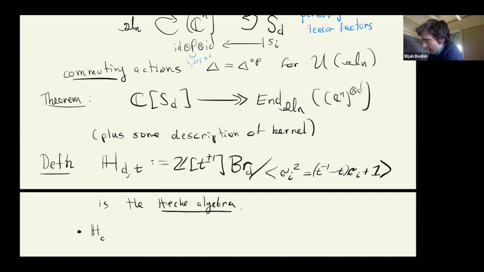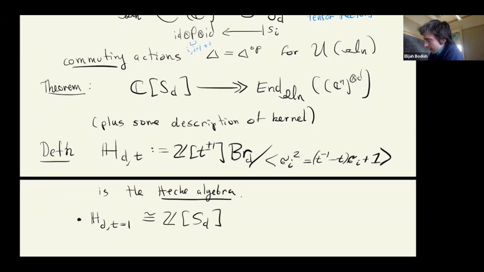If I were to write H sub D when t is equal to 1, well, my quadratic relation in that case would become sigma i squared is equal to 1. And then we're just comparing this quotient of the braid group where the braids square to the identity and this Hecke algebra. So this is actually isomorphic to the integral group ring for the symmetric group on D letters.